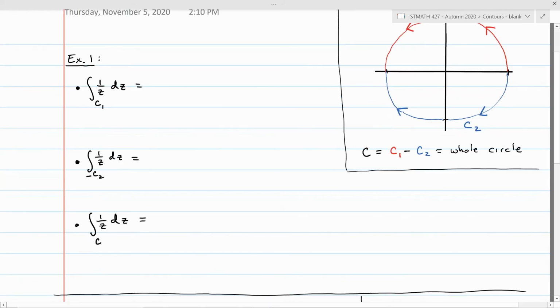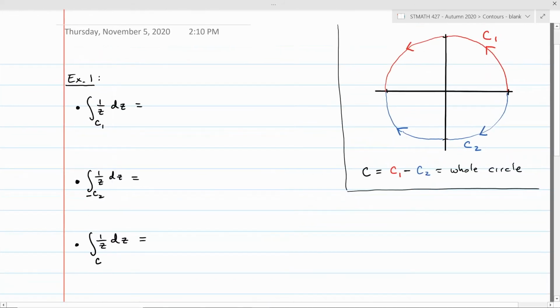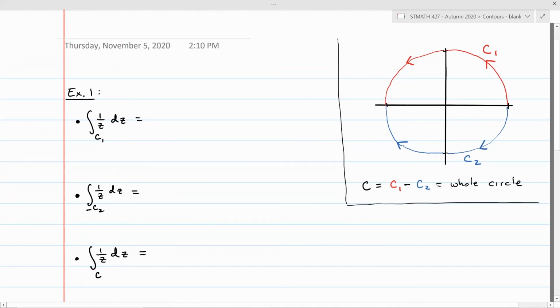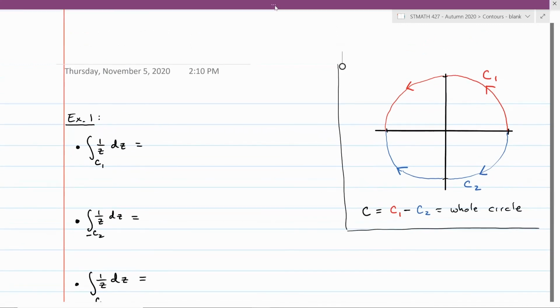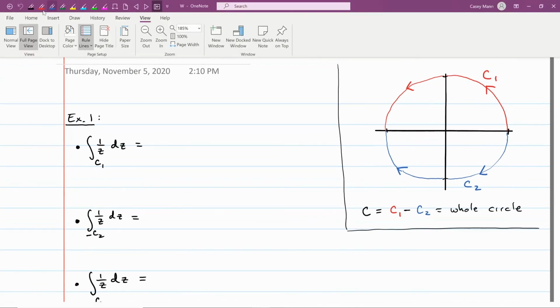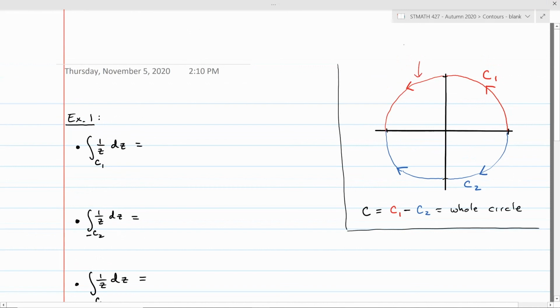So if I wanted to do the integral of 1 over z dz, I know that going along C1, I can just say that's e to the it, where t is going from 0 to pi.